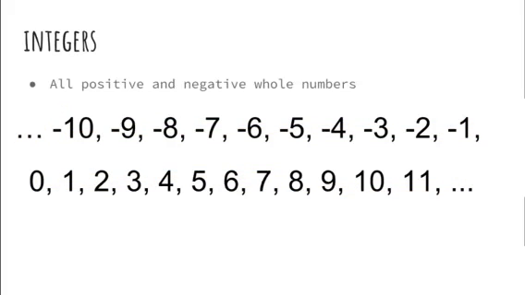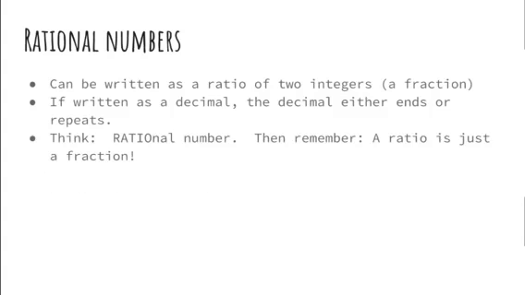Okay, after integers, what's the next set of numbers that includes all of these and some more? Well, those are rational numbers. Rational numbers can be written as a ratio of two integers. So any of those last numbers, those positive or negative whole numbers, written as a fraction together, so one over the other.